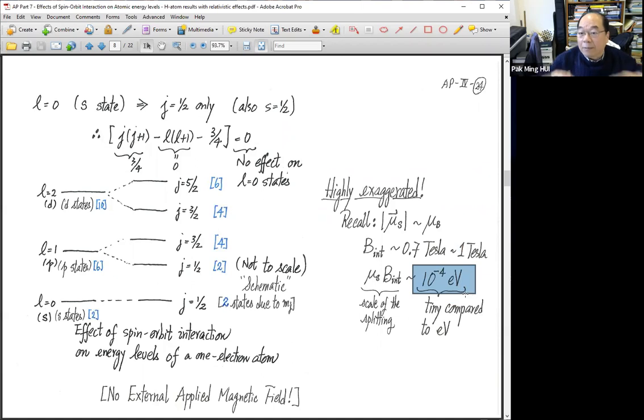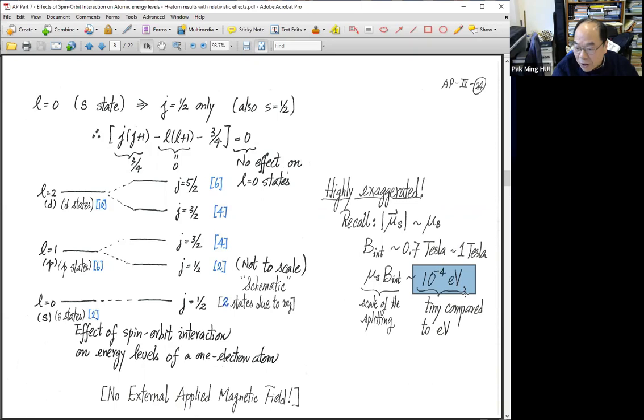All right? That compared with the ground state to the first excited state, n equals 1, n equals 2, this is 10 eV. Nonetheless, we happily obtain the effect. P state will split into 2 sets. J half, J is 3/2, okay? And that is observed in the spectroscopic data.